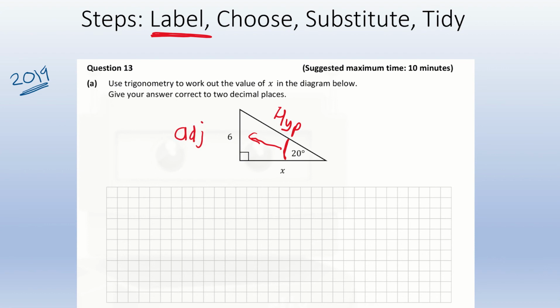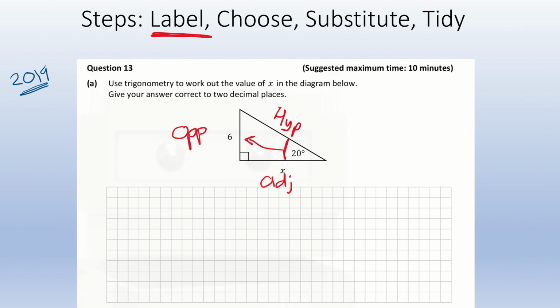The side opposite my 20 degrees is going to be my opposite, of course, OPP. And the side beside it is going to be my adjacent.